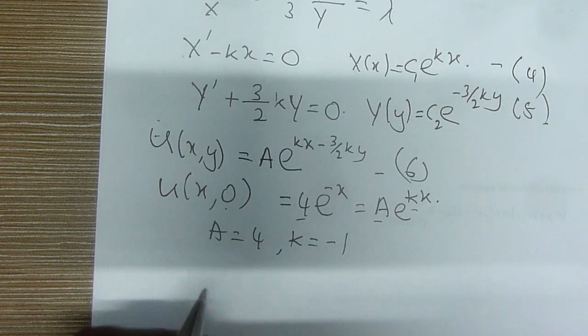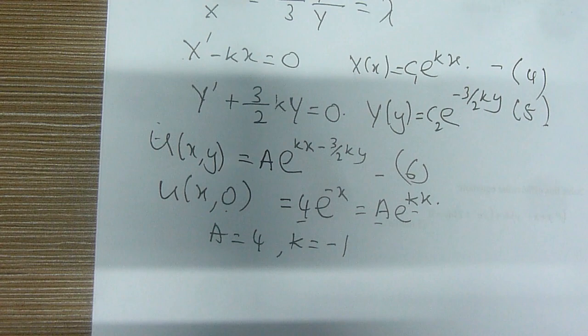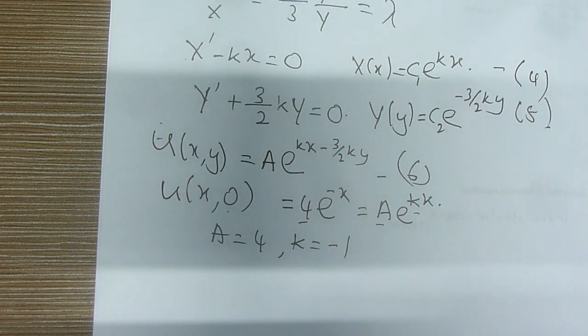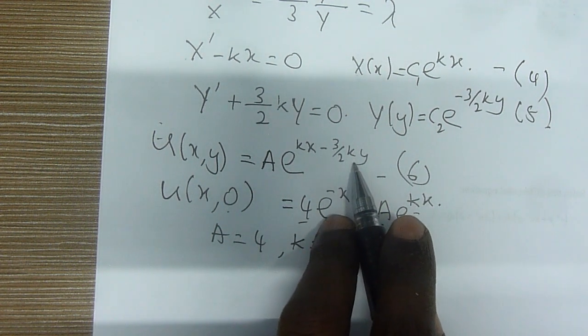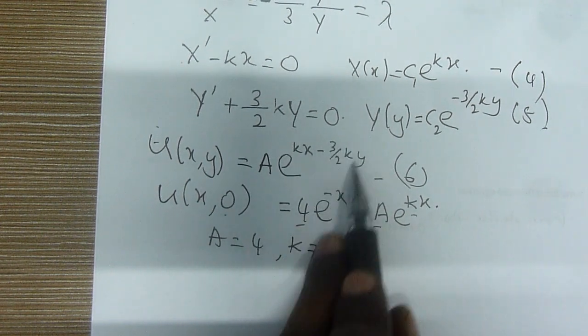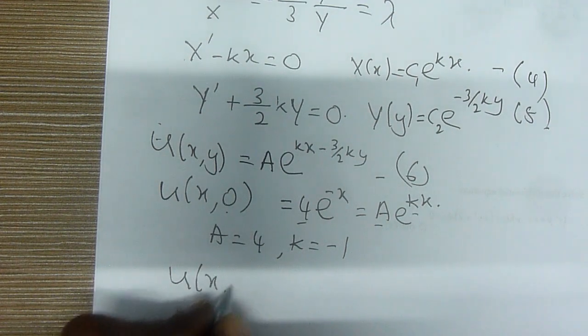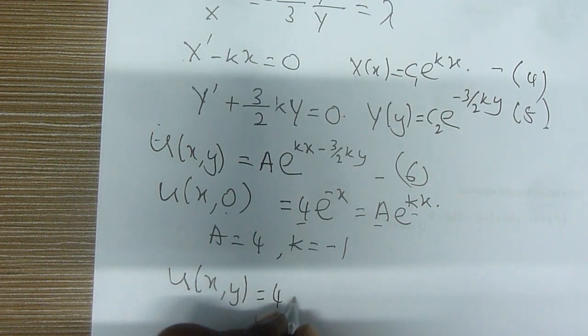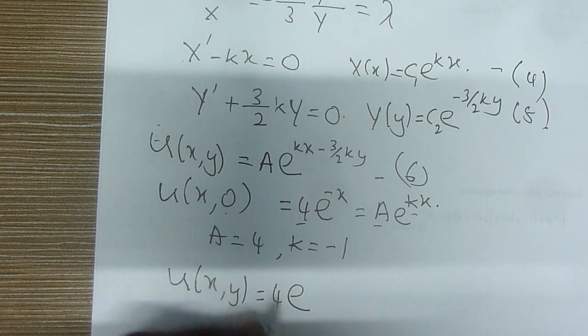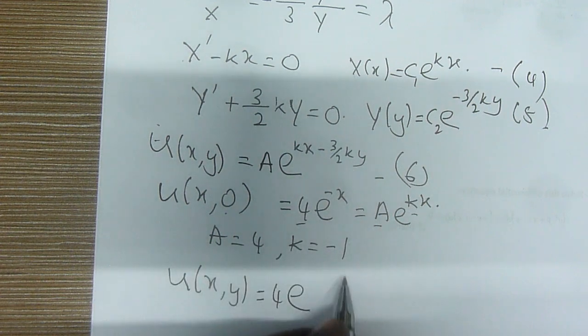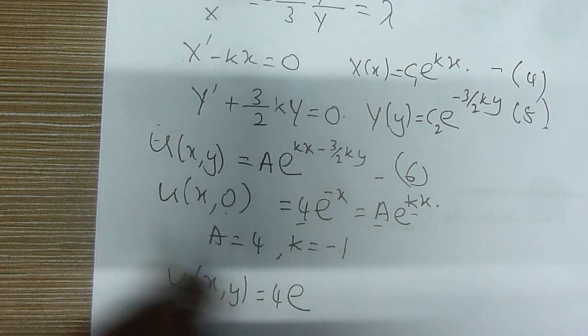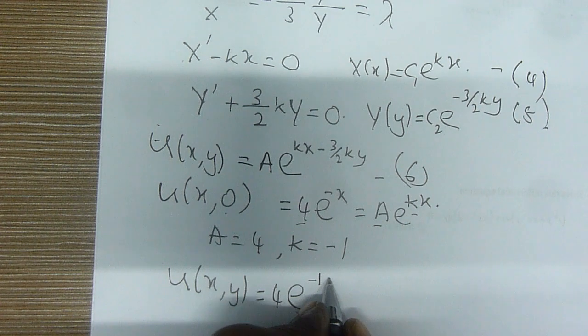Once you have done that, since k is a known value, now I have already solved the whole equation. Therefore u is the combination of x and y for e^(-x), and you can combine to get the whole solution here: negative 1, minus, that means it's plus 3 over 2 times y.